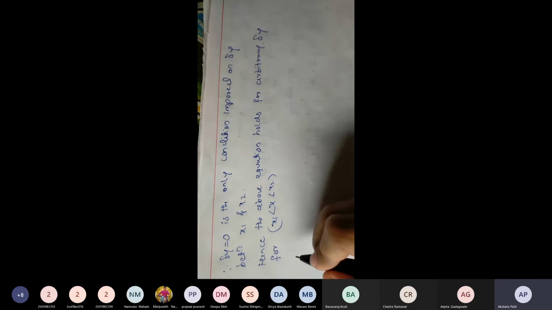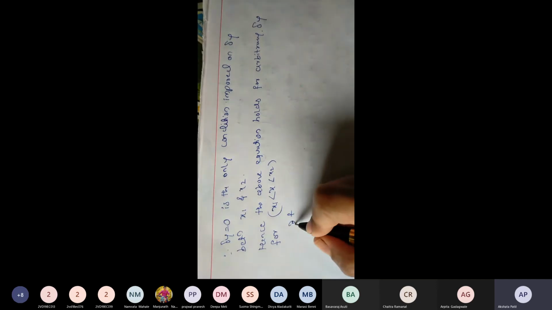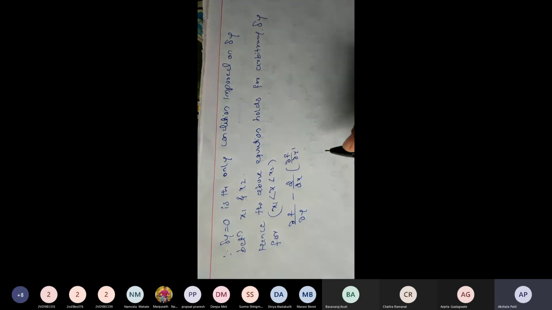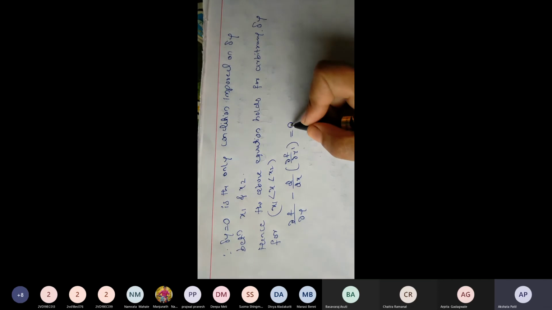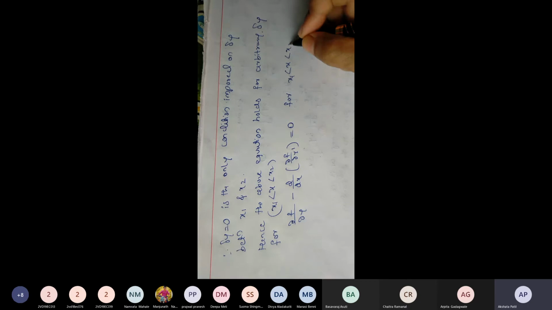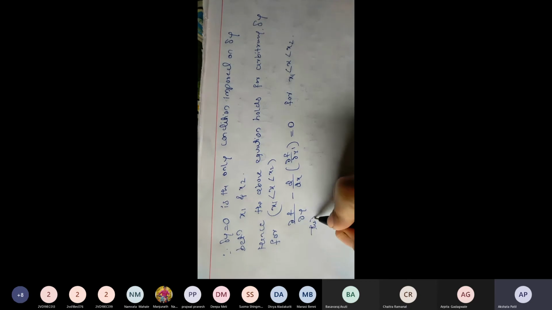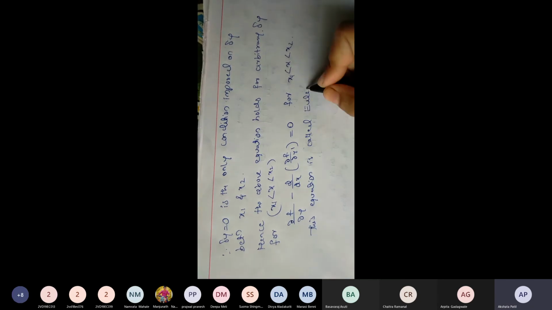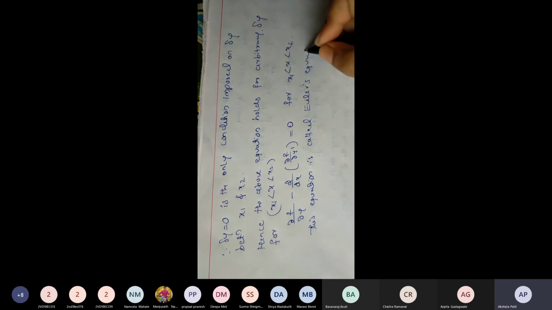Hence we can say ∂f/∂y minus d/dx of ∂f/∂y' equals 0 for x lying between x1 and x2. This equation is called Euler's equation. This equation we call the Euler equation.